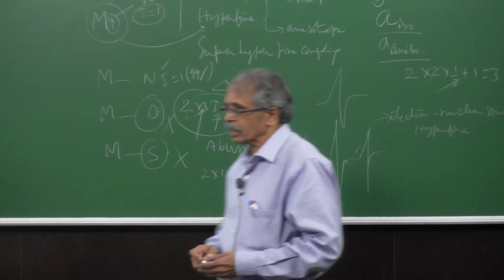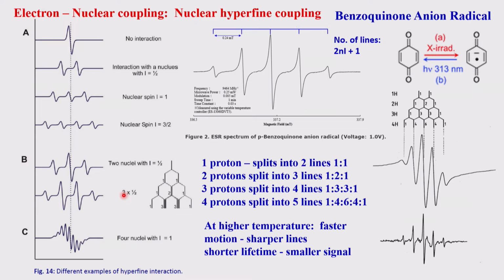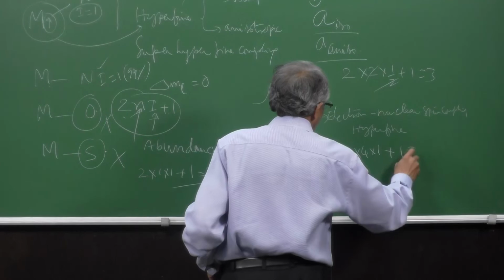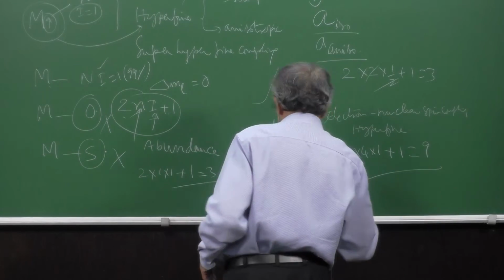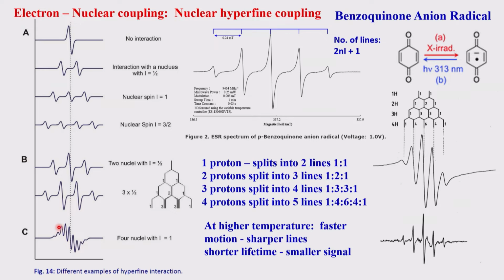You will get 3 lines in that, and if you have 3 such neighboring nuclei, it will be 4 lines. With 4 nuclei with I equal to 1, 2 into 4 into 1 is 8, plus 1, 9 lines. You can see all 9 lines, 1, 2, 3, 4, 5, 6, 7, 8, 9.